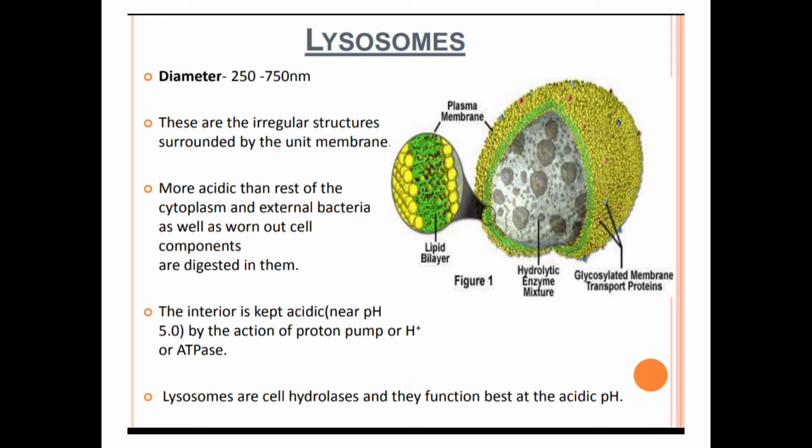When compared to the cytoplasm, it is more acidic, and external bacteria as well as worn out cell components are digested in them. So lysosome helps for the digestion of external bacteria as well as the internal cell which is not functioning properly. It helps for the digestion of cell components.